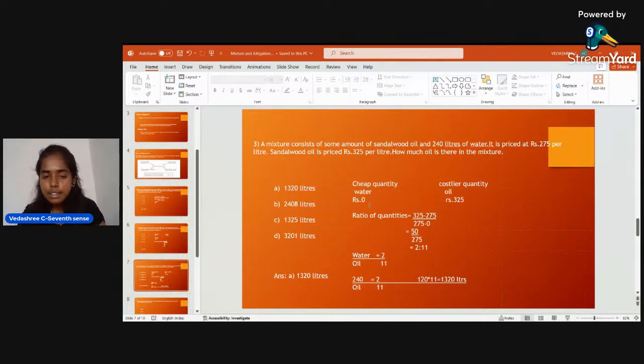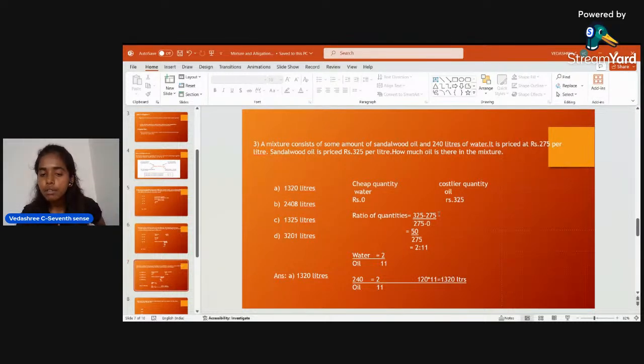First we'll consider the cheaper quantity and the costlier quantity. Here we consider water as the cheaper quantity, and its cost is 0. Next, the costlier quantity, and the cost is 325. Now we need to calculate the ratio of both quantities. What is the formula? D minus M, where D is the cost of the dearer quantity, that is the costlier quantity.